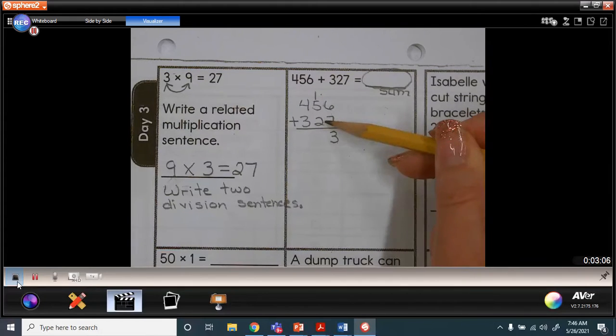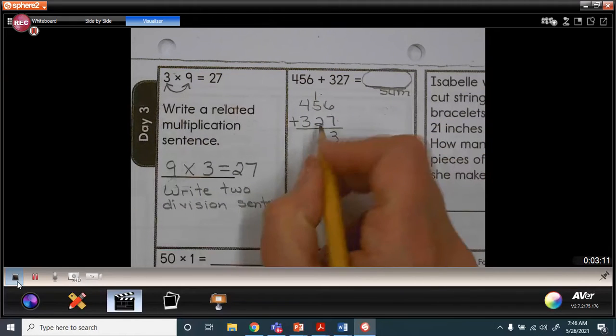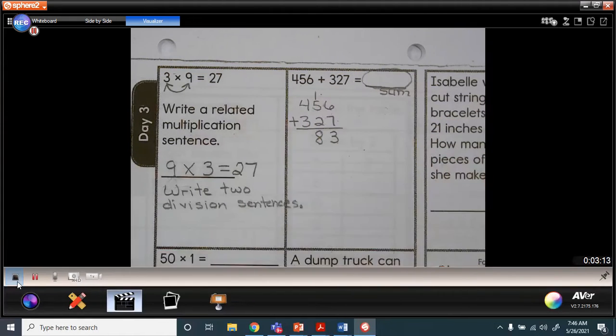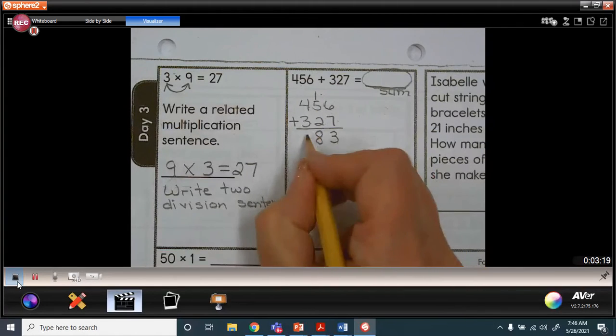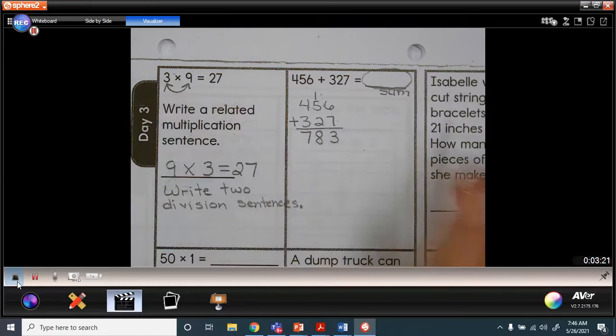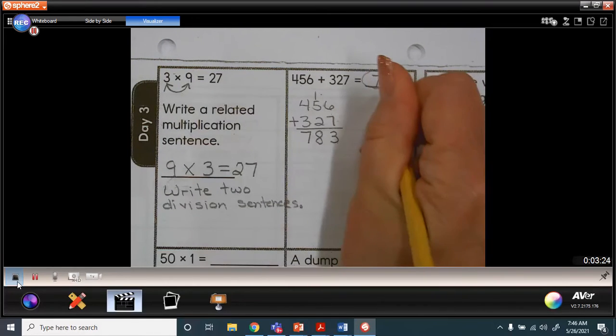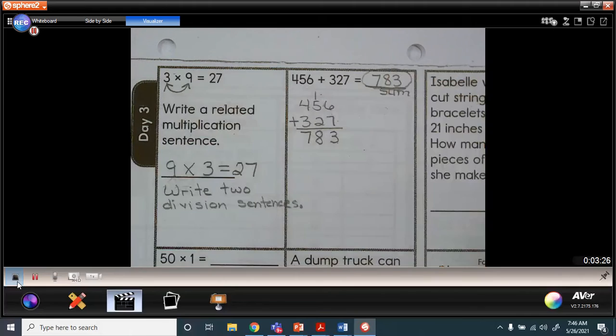And then we have 7, 8. So we've got 8 tens, which is 80. And then we go to our hundreds place, and we have 400s plus 300s, and 400s and 300s is 700s. So my sum is going to be 783.